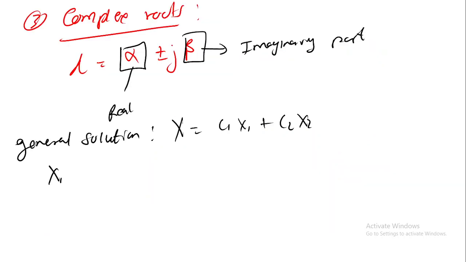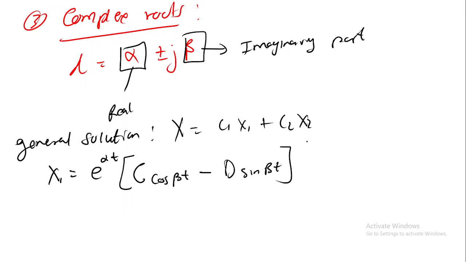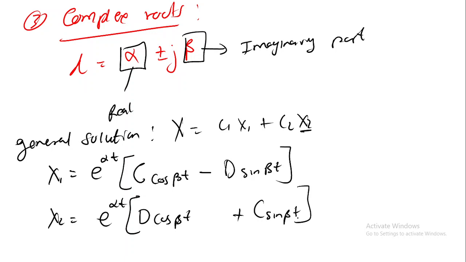Since we have complex roots, x1 is equal to e to the exponent lambda t into (c cos of beta t minus d sine of beta t), and x2 will be equal to e to the lambda t, where the sign fluctuates and the d becomes the c, so we have d cos of beta t plus c sine of beta t.